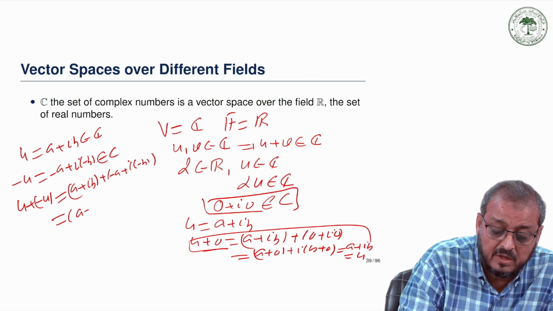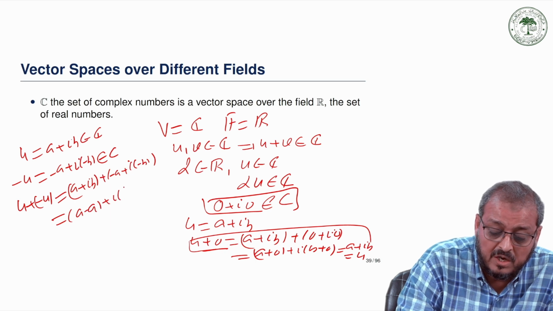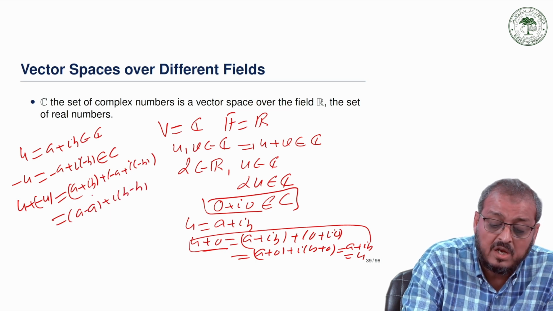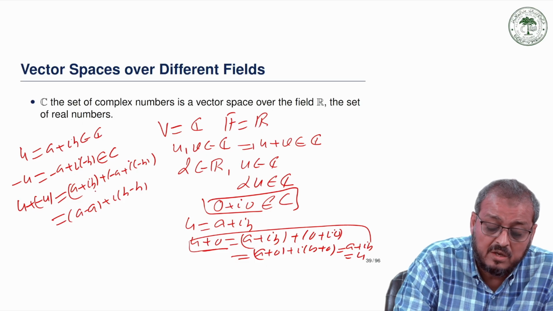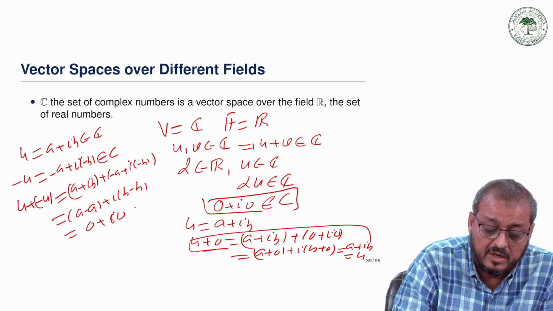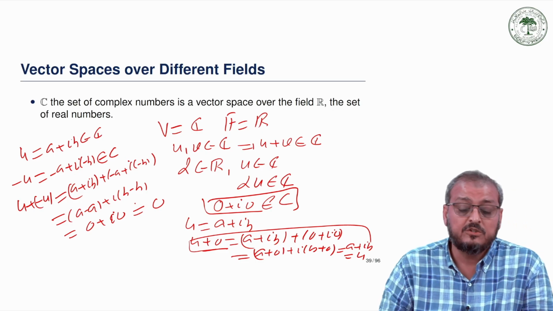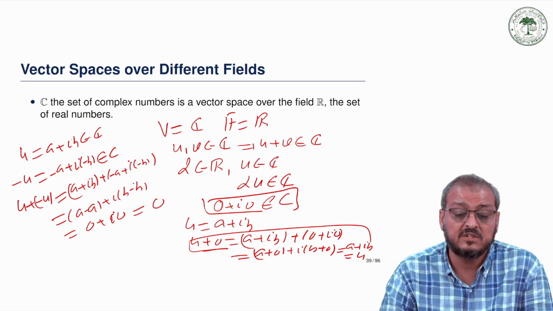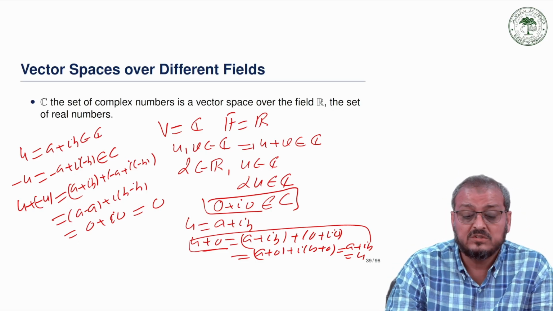This can be written as a minus a plus i times b minus b. Here a and b are any real numbers. So this is equal to 0 plus i times 0, which is equal to 0. So every element satisfies the condition of having an inverse also.